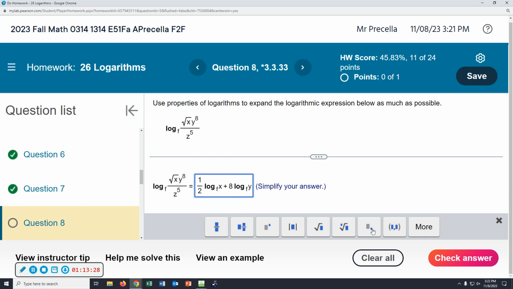And I was like, yeah. And then a minus 5 log base f of z. That looks right.